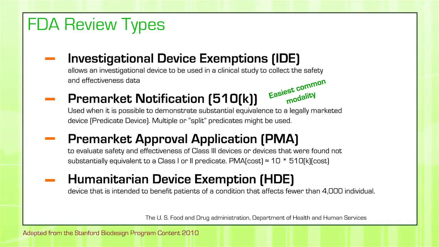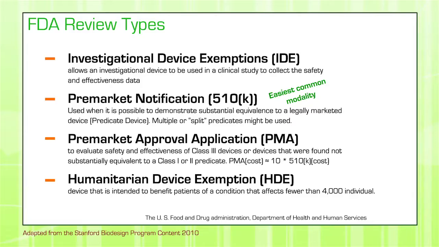The first is the pre-market notification, also called the 510K, and it's called the 510K because it comes essentially from section 510K of the FDA law. It is a document that demonstrates all the different requirements needed for a device that either has substantial equivalence or is of minimal risk to get approved.